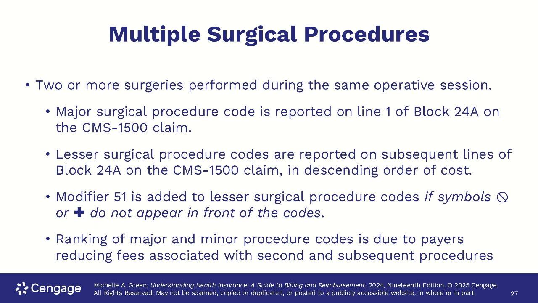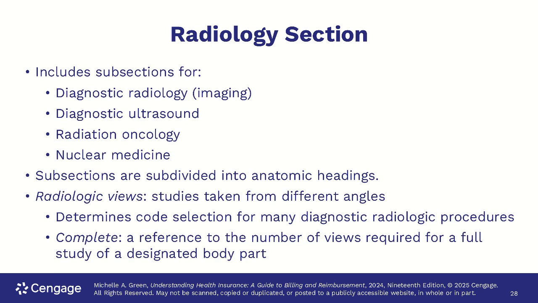And when you're talking about 51 versus 59, there is a difference in how those services are paid. And I want you to refer to the textbook for additional information. All right, radiology section. This section includes four subsections for diagnostic imaging, ultrasound, radiation oncology, and nuclear medicine.